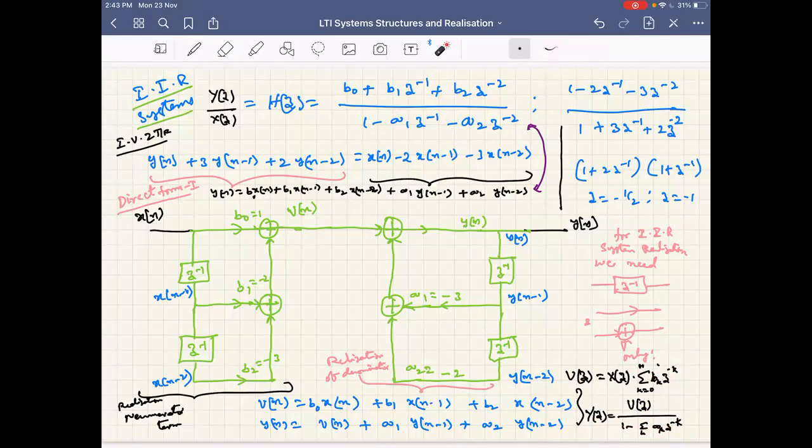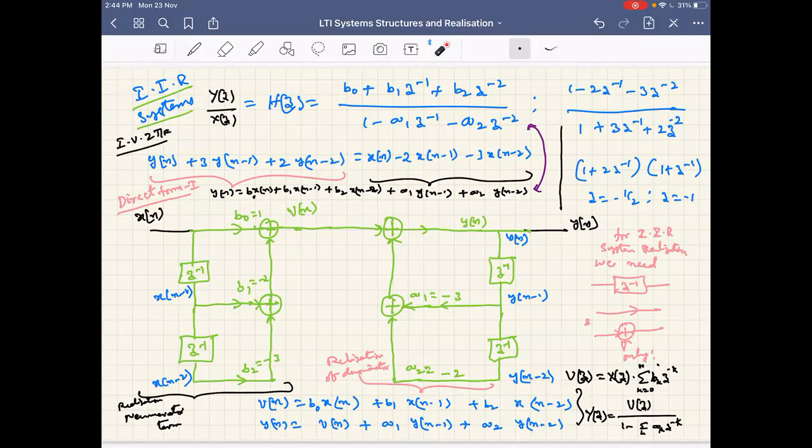Now, the question here is, can we reduce the number of delays, multipliers, or adders that are used in this implementation? At least the delays can be reduced here. The reason is that there are 2 terms in the numerator and 2 terms in the denominator, and both of them need 2 delays respectively. So can we have a single set of delays encompassing the realization of both numerator and denominator?